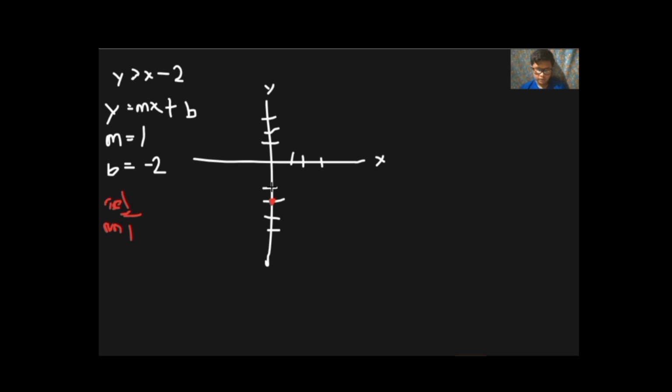We're going to rise here, then run here, so our next dot will be here, and so on.